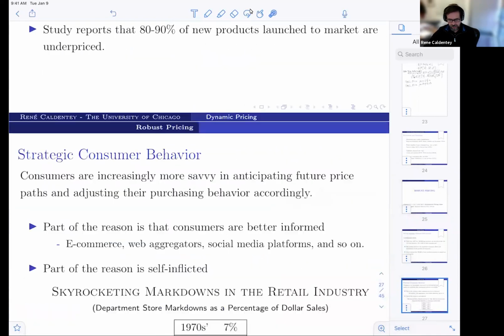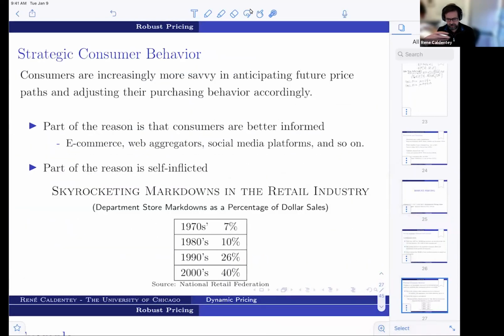All right. Now the other thing that I want to highlight, and which is important in the way we're going to think about this problem, is that people are strategic. People are not passive agents who don't pay attention to what's happening in the marketplace, and they are better equipped these days because with e-commerce, web aggregators and social media, they can communicate opportunities in price.